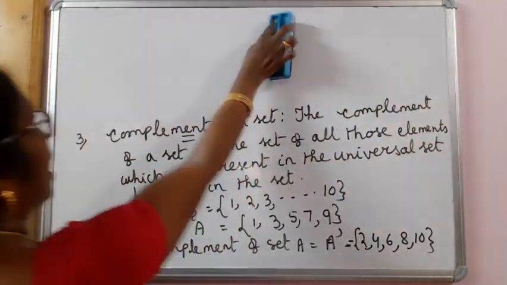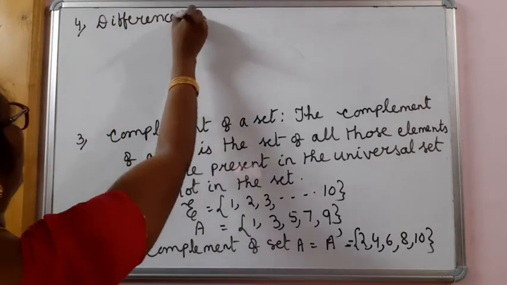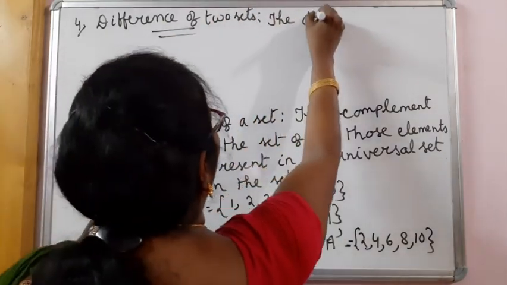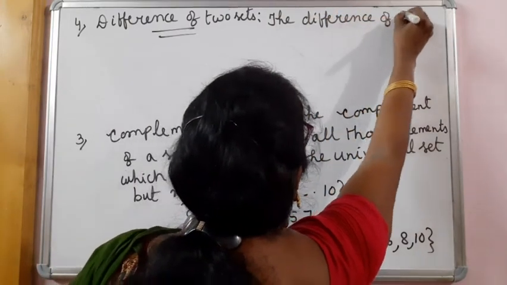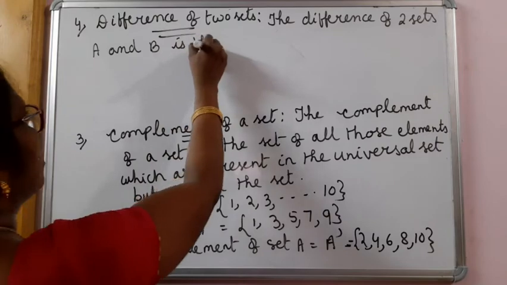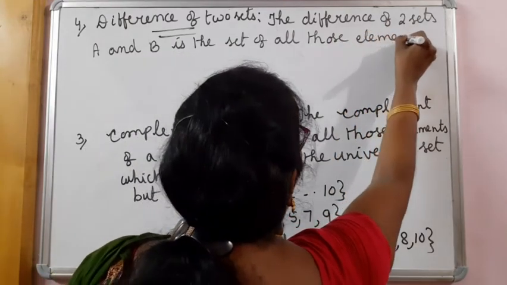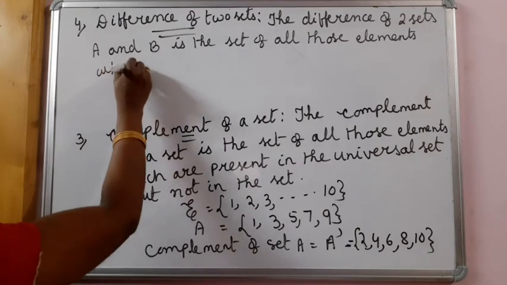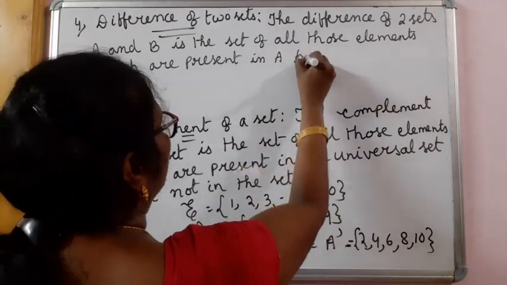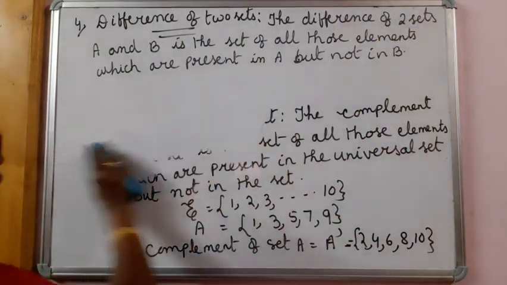The difference of two sets A and B is the set of all those elements which are present in A but not in B. Let me explain by giving an example.